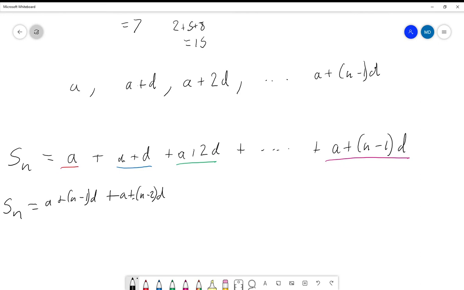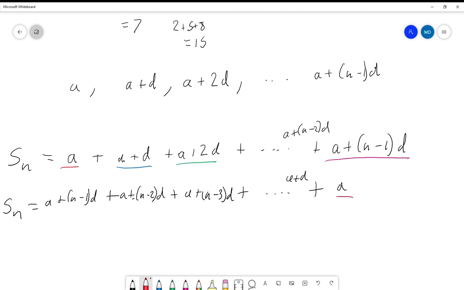This here is going to be a plus n minus 2 d, the term before the last one, plus a plus n minus 3 d, plus dot dot dot, all the way up to a plus d, and here we'll have just a.